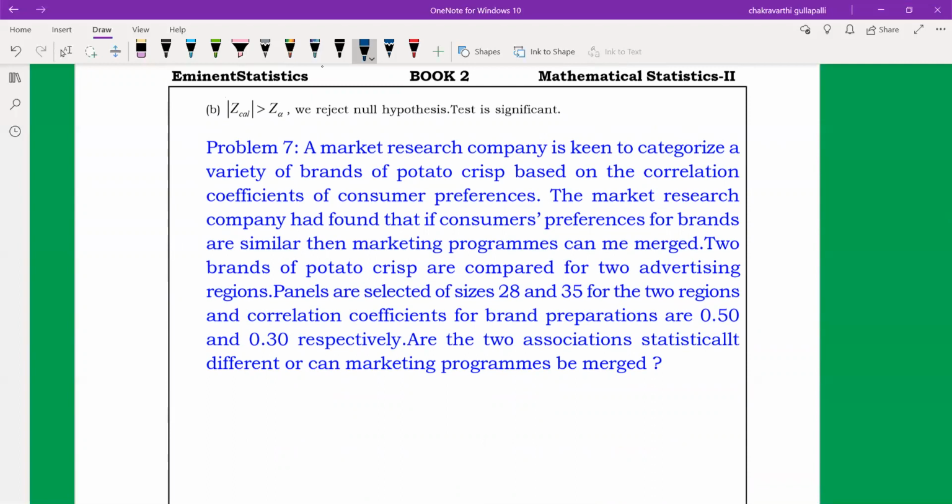Now, a suitable example application. This is a very important application for this test, though limited applications are there. A market research company is keen to categorize a variety of brands of potato crisps based on the correlation coefficients of consumer preferences. The company found that if consumers' preferences for brands are similar, then marketing programs can be merged.